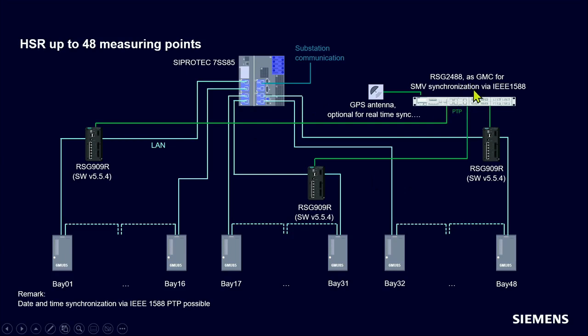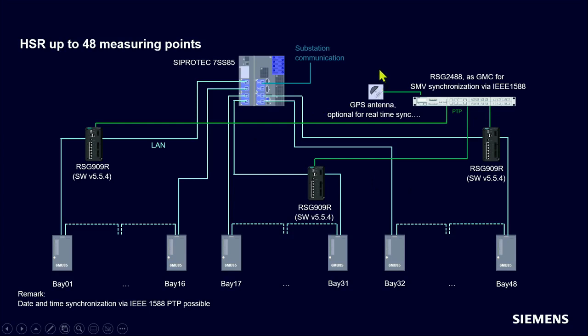But we can use, for example, a RUGGEDCOM RSG2488 as a grandmaster clock. This is an Ethernet switch, which can also be used as a pure grandmaster clock. And this grandmaster clock can be connected with a GPS antenna.